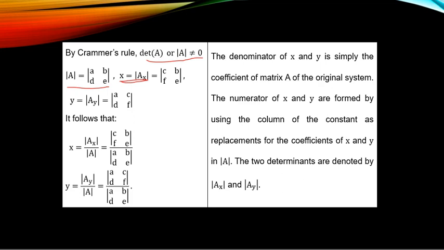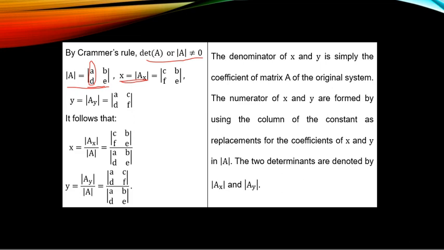Now how do you get that? Look at this. From the coefficient matrix, remember the x column. The x column here is a, d.